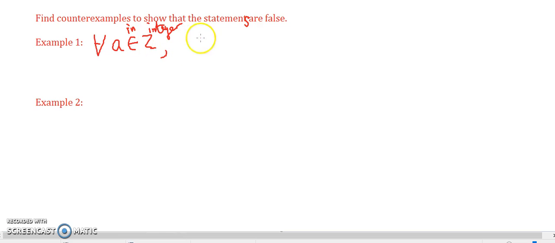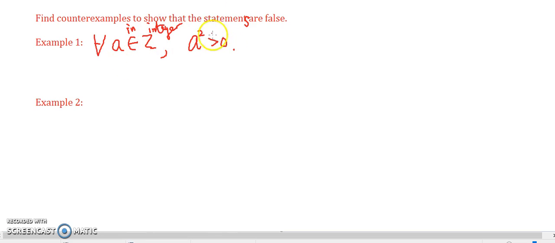So for any integer a, a squared is greater than 0. Because the instruction tells us this, the statement is false already. So all we have to do is find a counterexample to prove this is false.